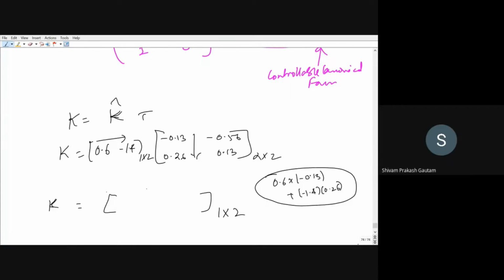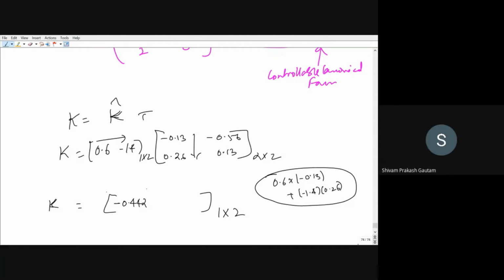This will be your K1. 0.6 into 0.13 plus 1.4 into 0.26. Anyone? I'm getting minus 0.442. Have I made any mistake or have you made any mistake? You have to solve. Yes, minus 0.442. Just check. It is coming minus 0.442.